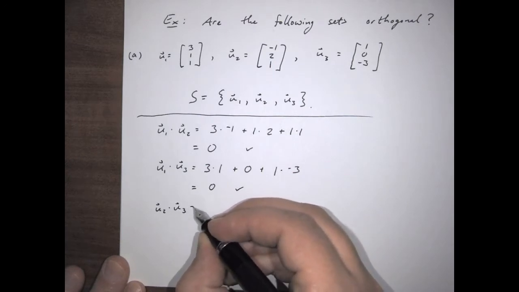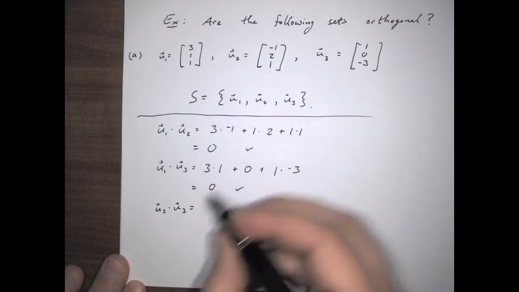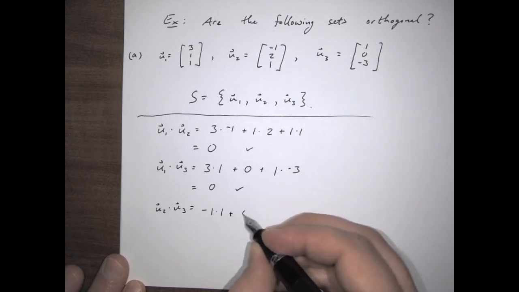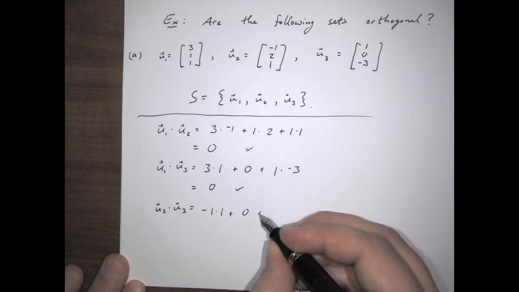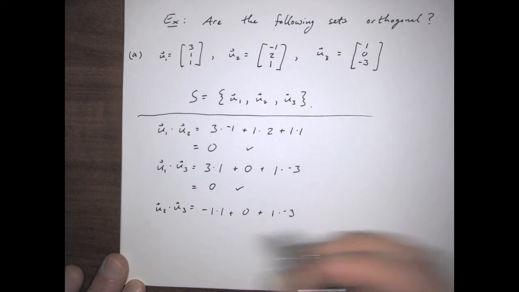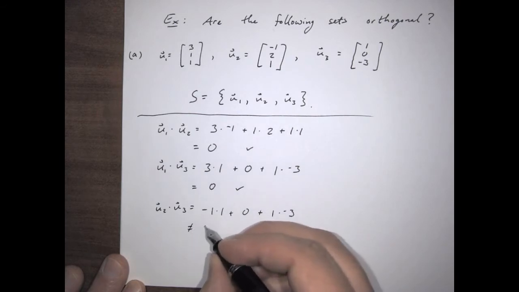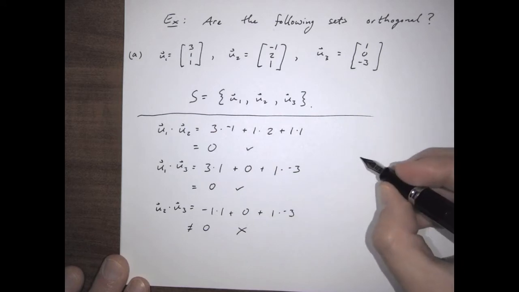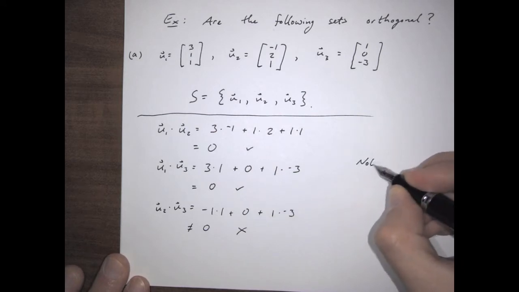Here we go: -1 times 1, plus 2 times 0, plus 1 times -3, which does not equal 0. So the answer is, not an orthogonal set.